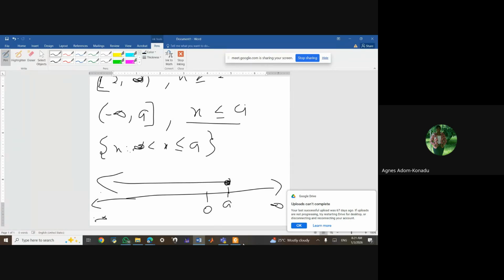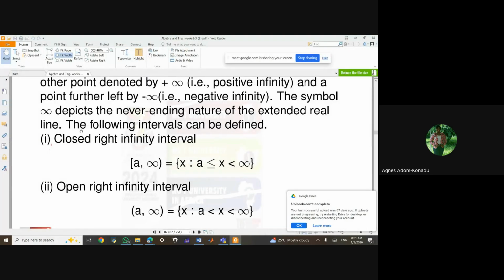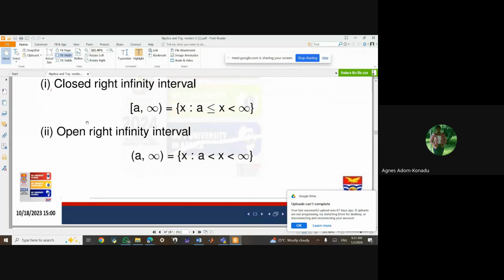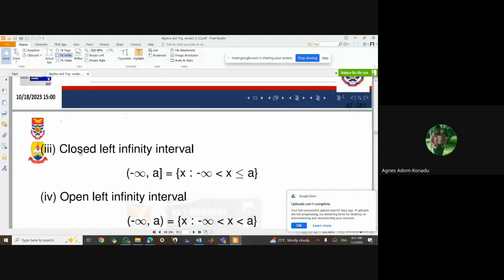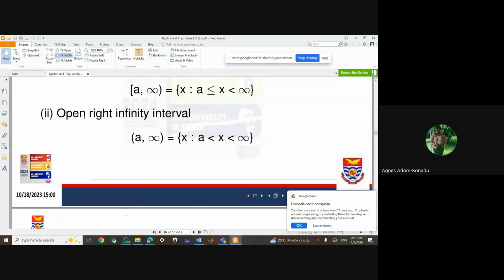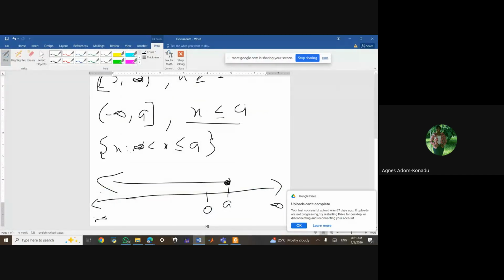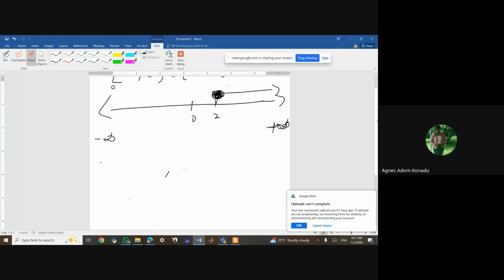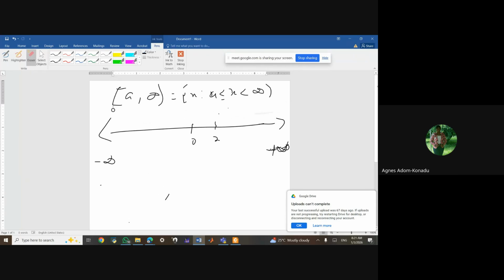We call this one the closed left infinity interval, and then we also have the open right infinity interval.